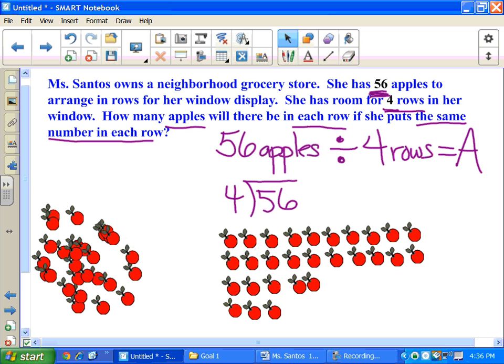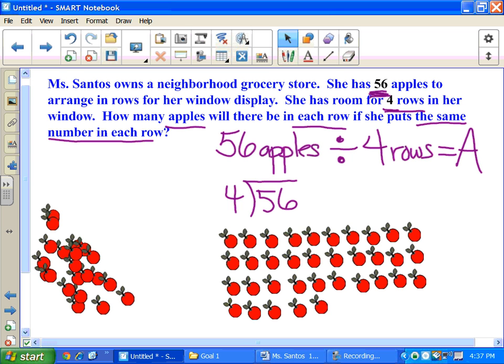So you can see I'm doing 10. And we certainly want to do this with larger numbers too. So we are trying to find strategies that will help us divide up these items, or these apples, in a very quick and efficient way.